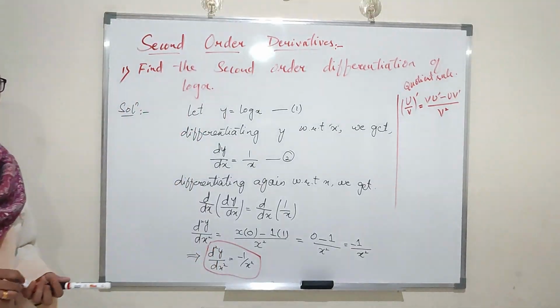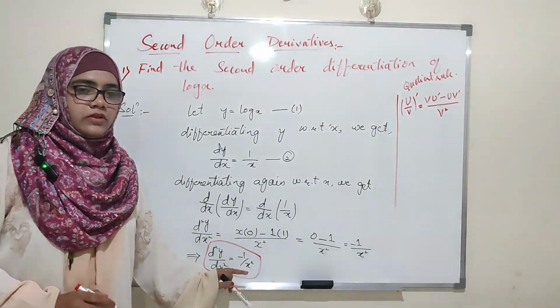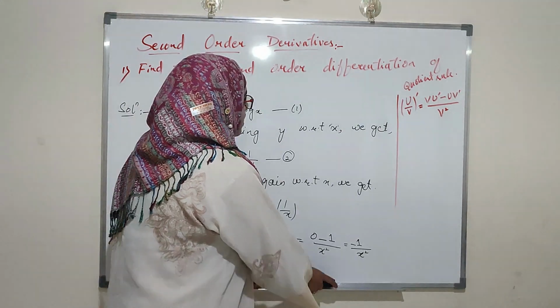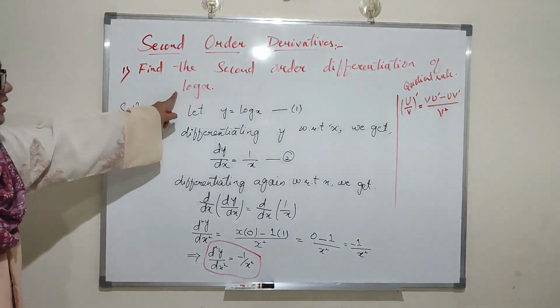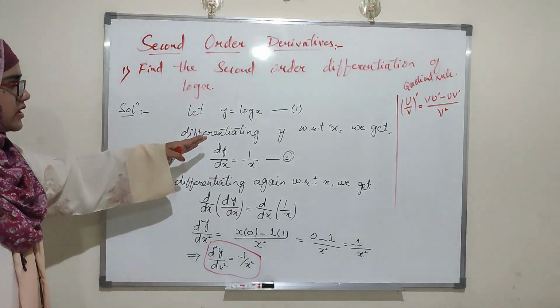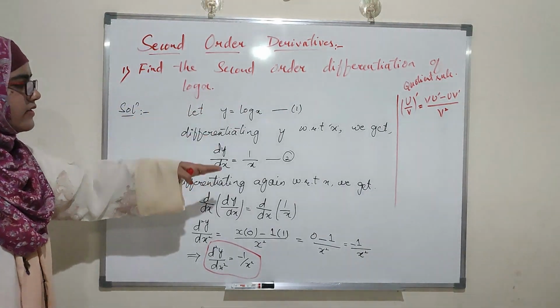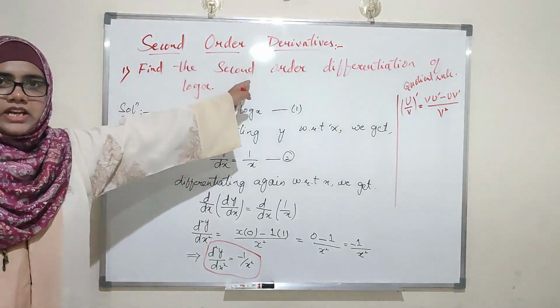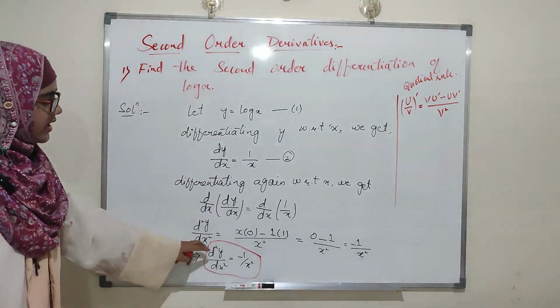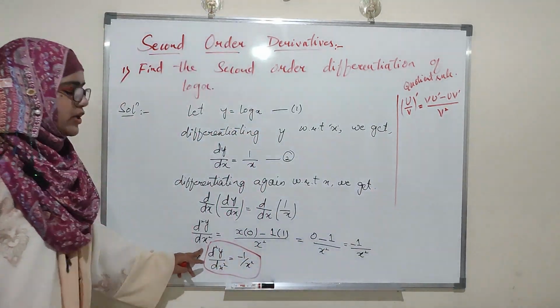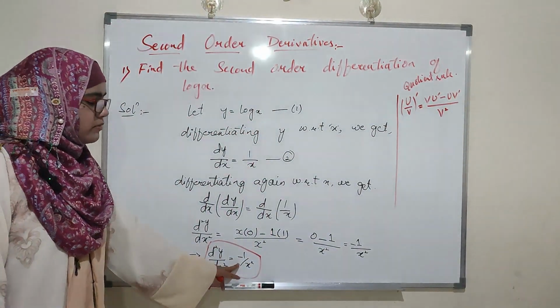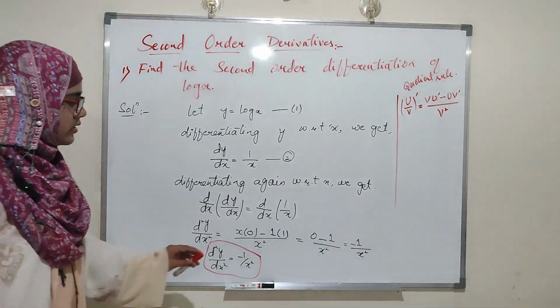So we get d2y by dx square as minus 1 by x square. Okay. So first write what is given to you in the solution, then write differentiation of y with respect to x, again differentiating because we have to find the second order derivative. Then we are using here quotient rule. Then we finally get d2y by dx square is equal to minus 1 by x square.